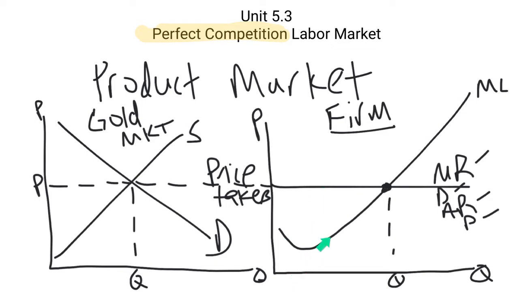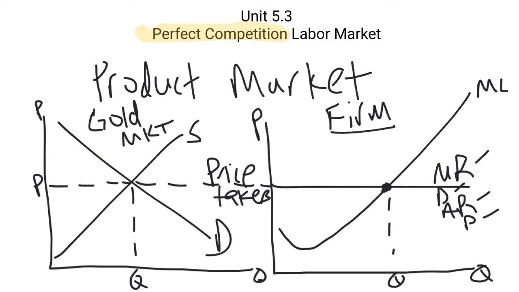Marginal revenue, marginal cost, and so on. So that's profit maximizing. They shouldn't go beyond that, because then the extra cost for the next one is up here, and the extra revenue for the next one is down here, so it's not worth it. We could put the average total cost on there and everything, but that's just to show you what you should have learned about the product market and perfect competition.